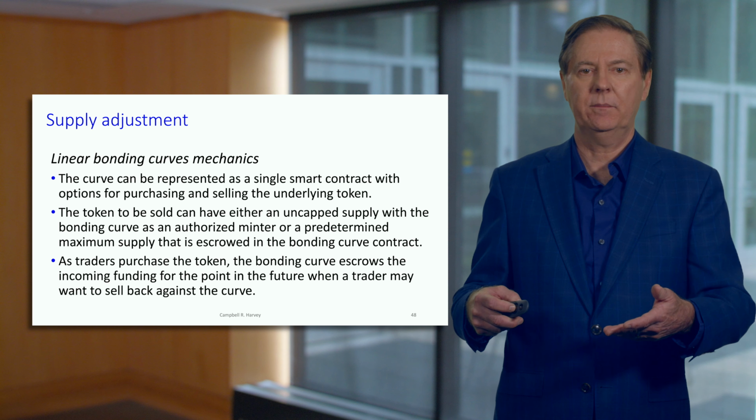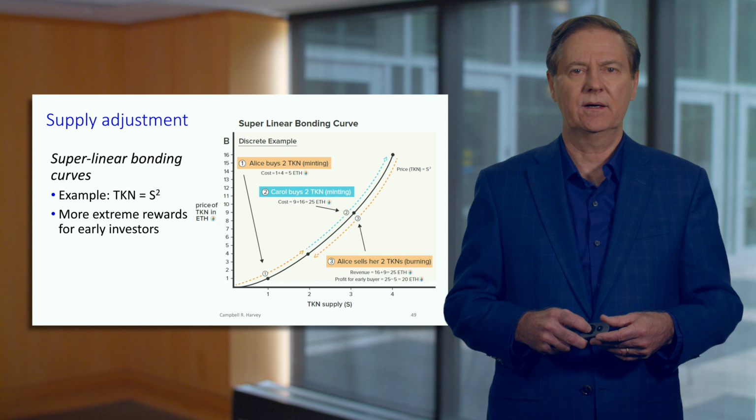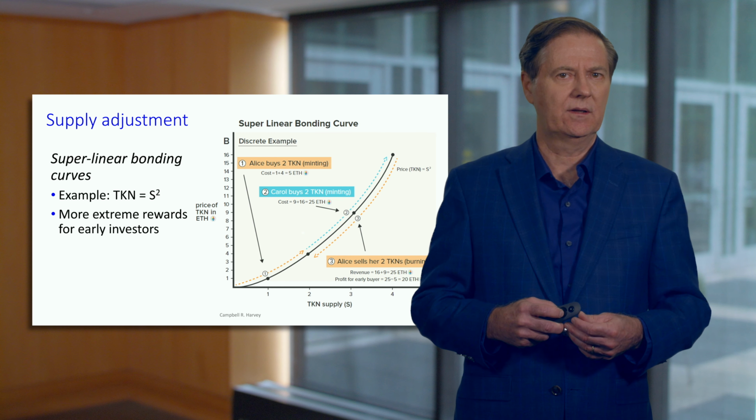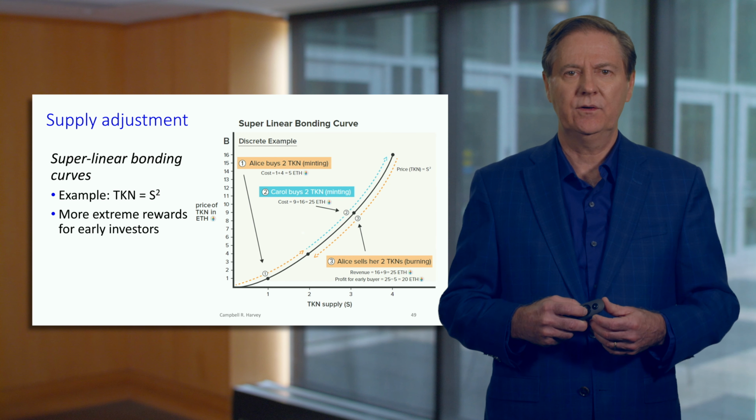We could actually think of a different way of doing this. We looked at a linear curve. We could do a super linear curve or a nonlinear curve. And this is a quadratic curve. Let's go through the mechanics of this.